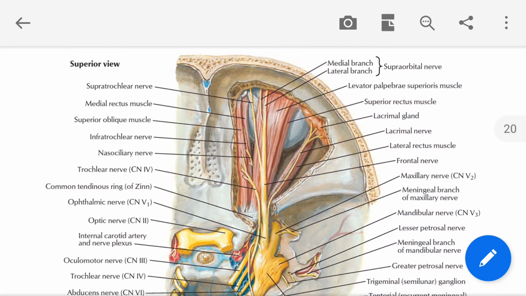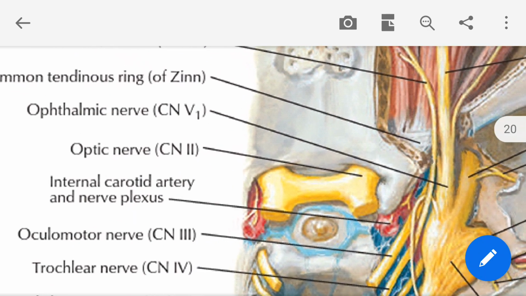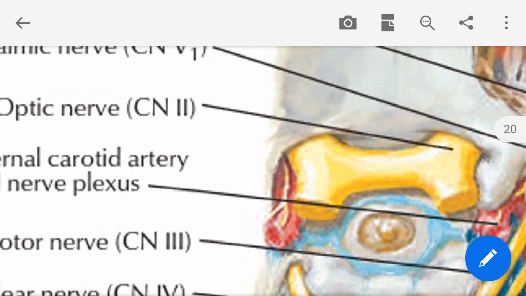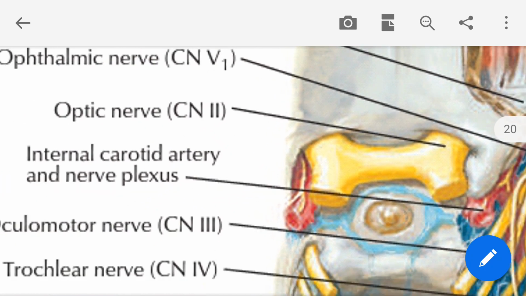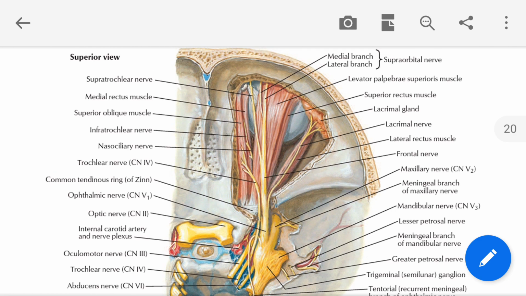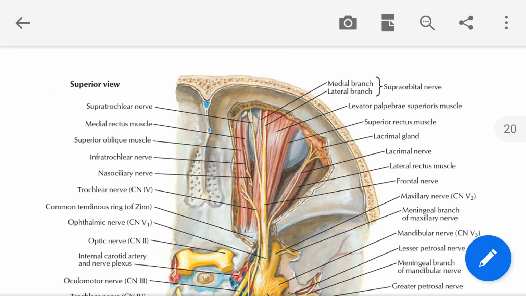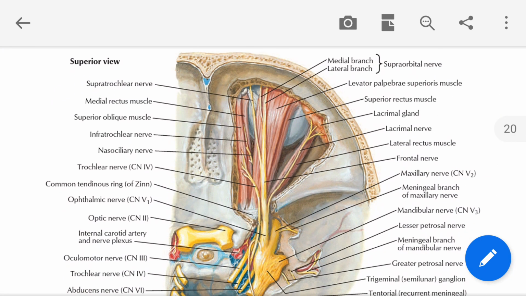See, nerves of the orbit, this one is the optic nerve. And you see how it is coming. This is the eyeball, but we are not able to see it because the muscles are covering that part of the orbit.